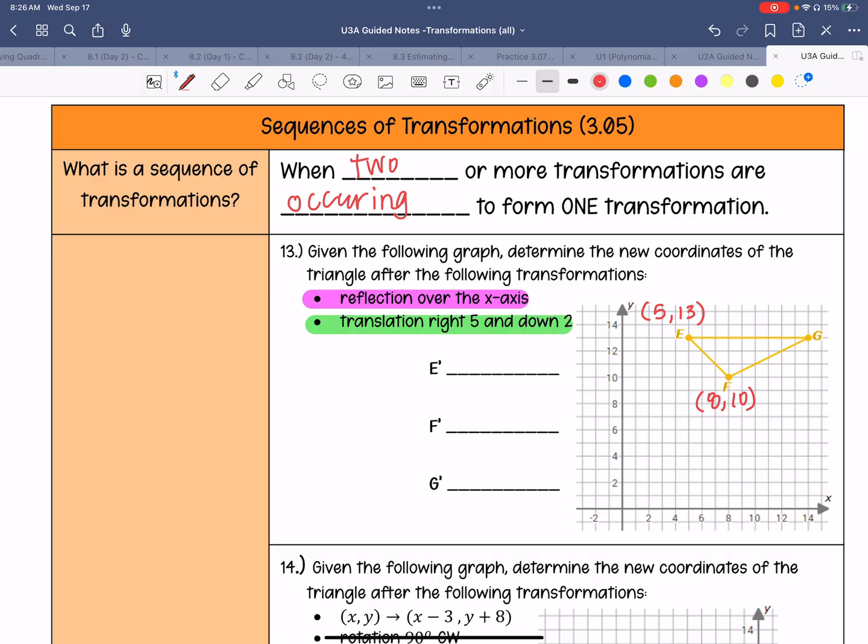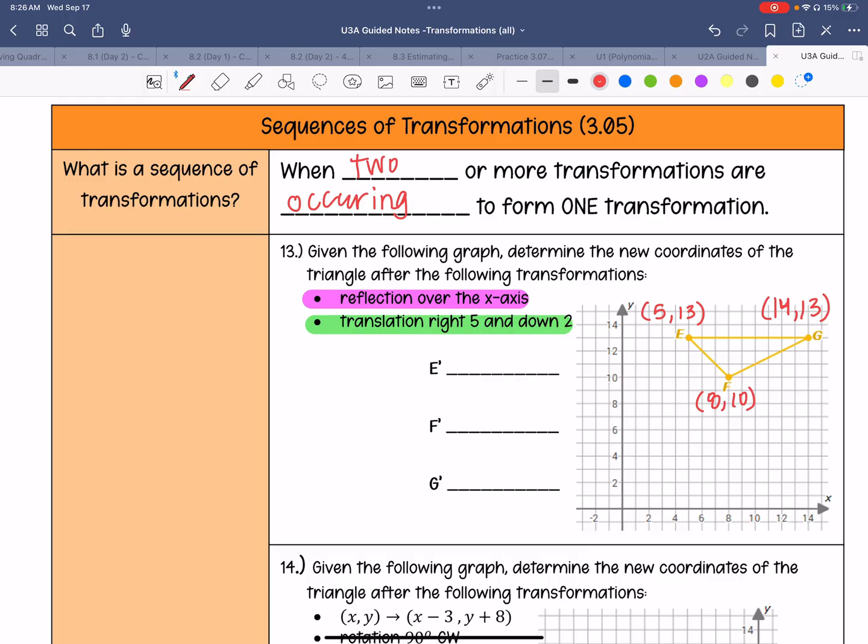And G is currently at 14, 13. Now, with these problems, I am going to use my ordered pair rules to determine where my final ordered pairs are going to be.